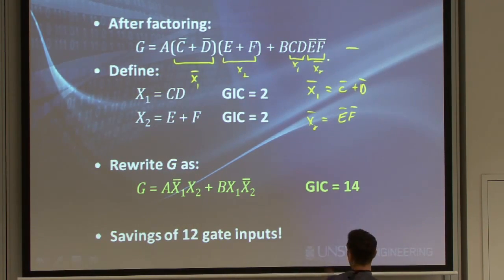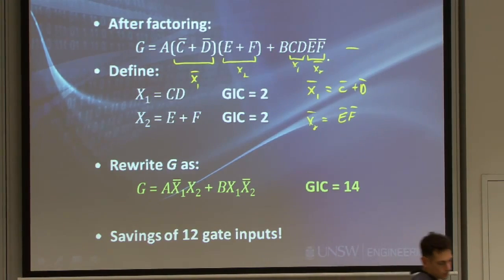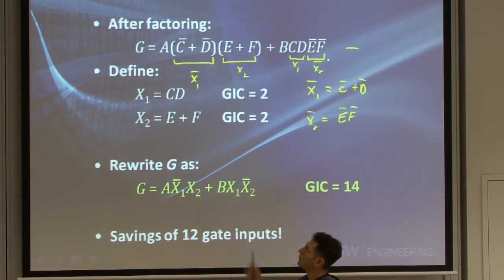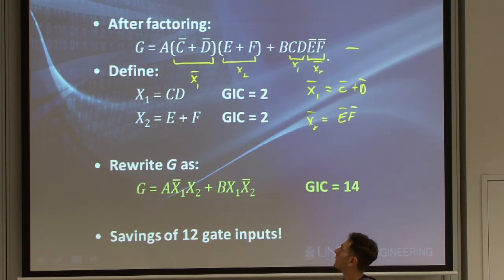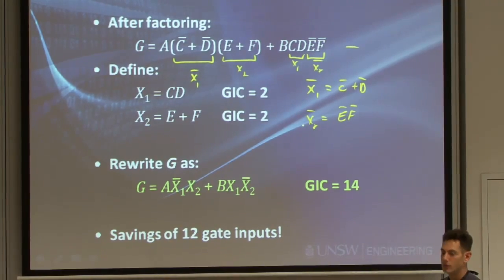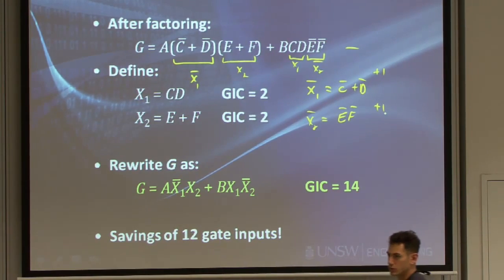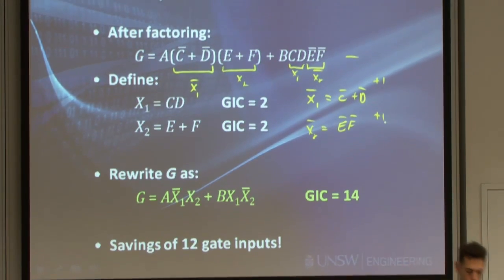Now, how do we calculate the gate input cost of this expression? Well, we have to understand what it is made of. We have little circuits on the side that make the expressions x1 and x2 for us. We do have to account for them because these are gates that we are using. Each one of them, we said, will have a gate input cost of 2. Now, to come up with the inverted version of each one of them, we have to pass it through an inverter. This will add another gate input cost because an inverter has only one input.